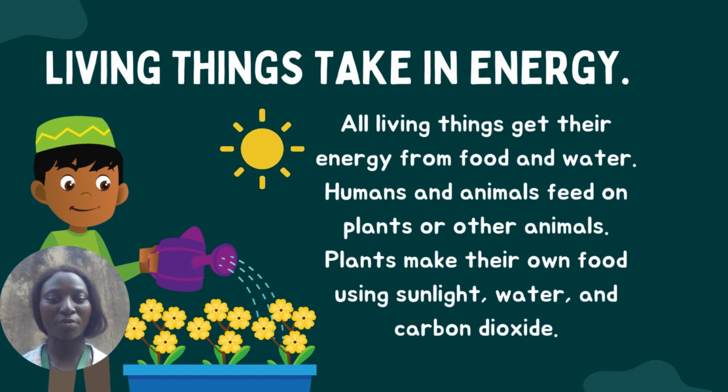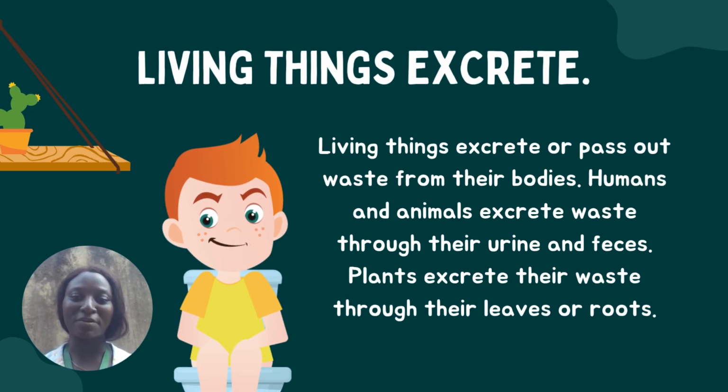The last characteristic of living things we'll be talking about today is that living things excrete. That is, living things can pass out waste products from their bodies. Animals and human beings excrete waste through urine and feces and through sweat as well, while plants excrete their waste through the leaves or their roots.